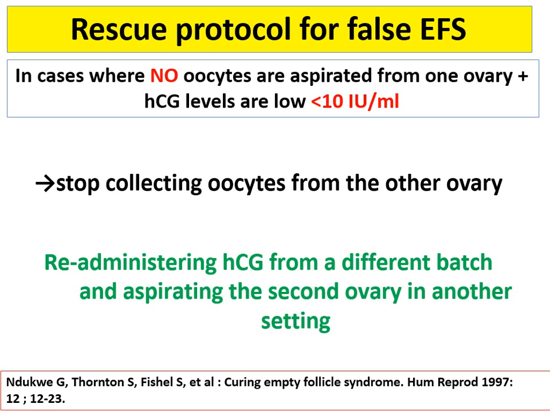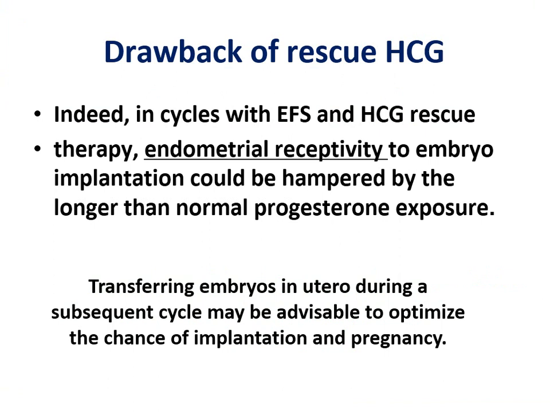If the patient has low HCG, less than 10 international units per milliliter, you can stop collecting oocytes from the other ovary and give the patient a dose of HCG and make another trial the second day for the second ovary after this bolus dose of HCG, to make separation of the oocyte cumulus from the basement membrane, as I told you before.